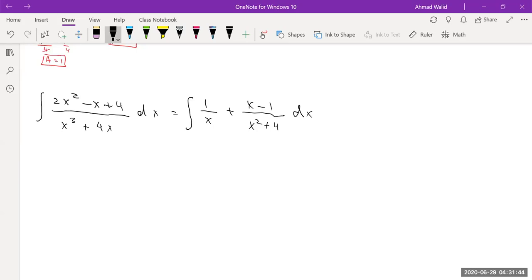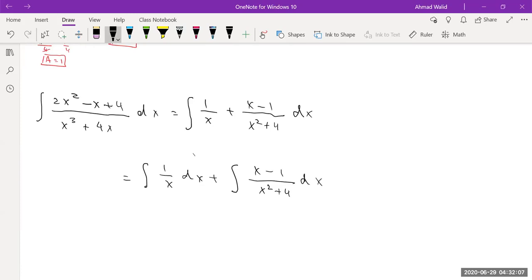Your denominator, you cannot factor. When you cannot factor, you can write as separate integrals. Let me show it for you. You can rewrite this as the integral of 1 over x dx plus the integral of (x minus 1) over (x squared plus 4) dx.